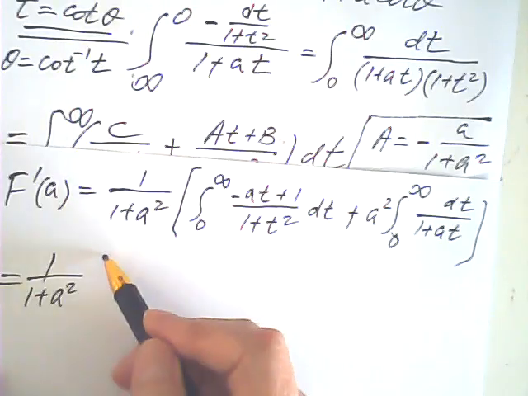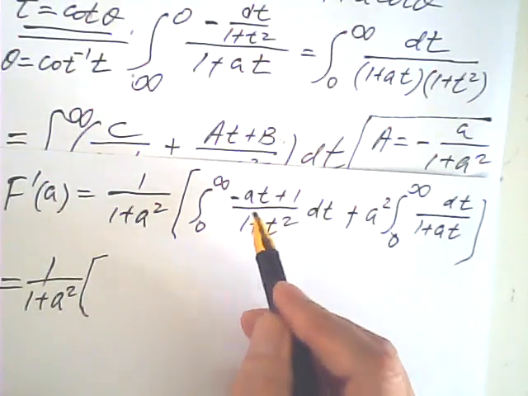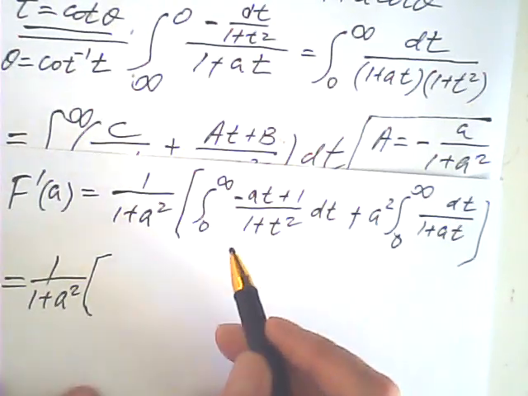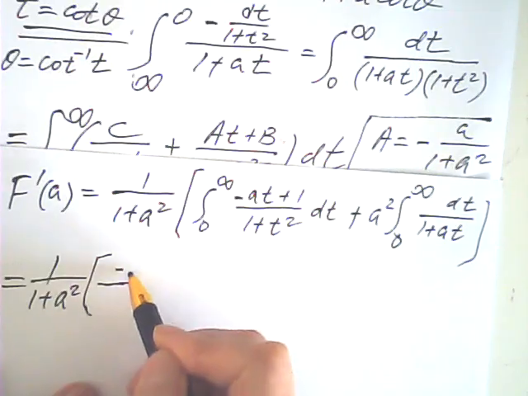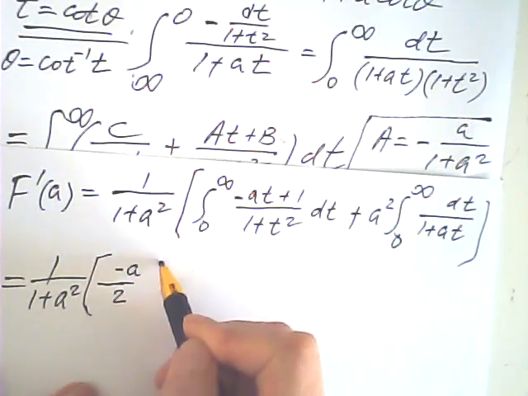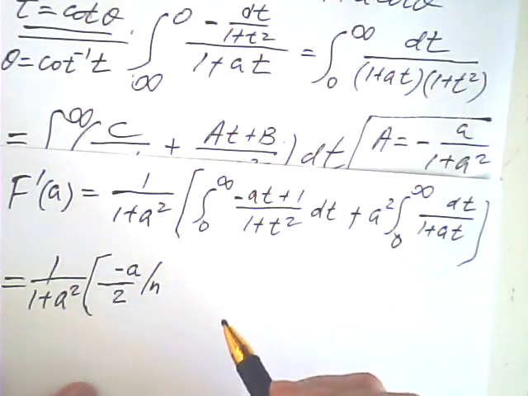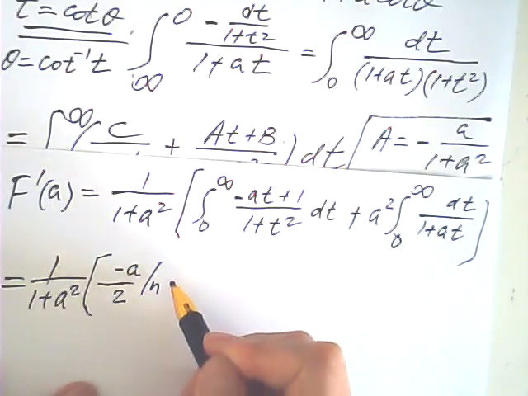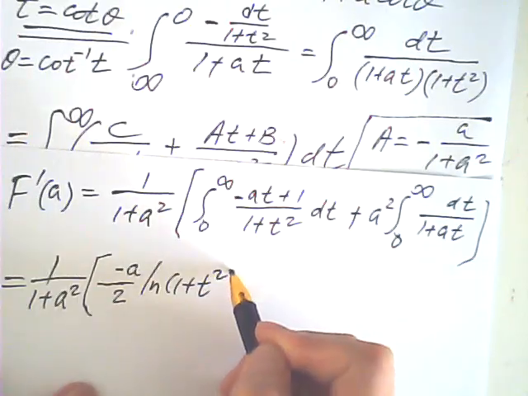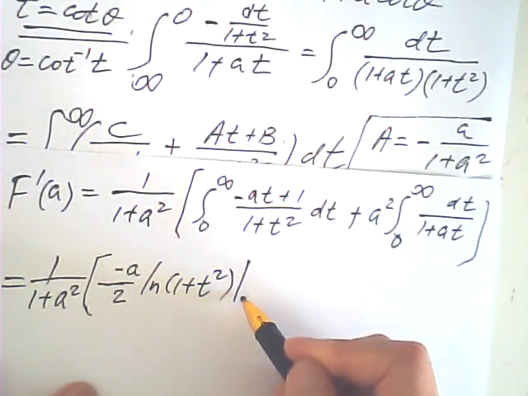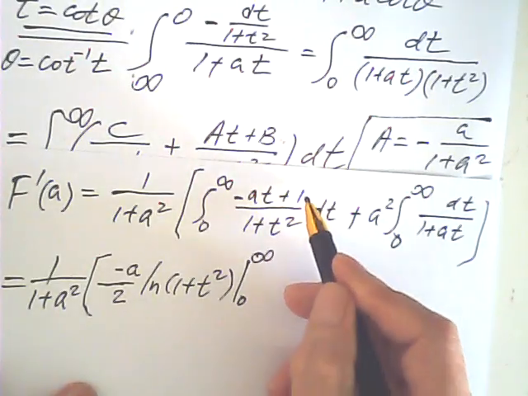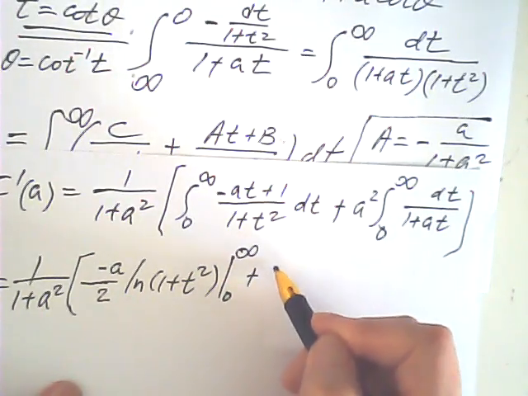Now this can be done easily. The integral of this over this one is negative a over 2 natural log of 1 plus t squared. So that's for this integral. And from 0 to infinity, 1 over that integral is arctangent.